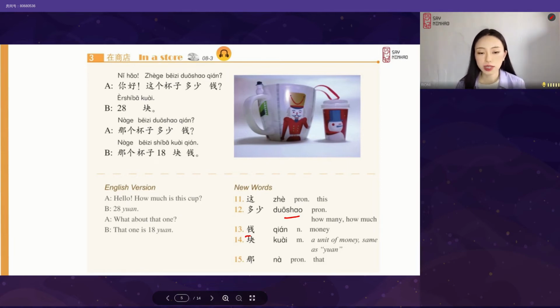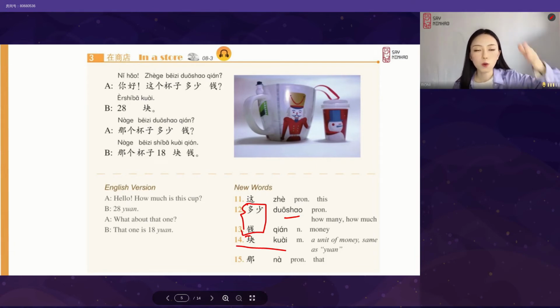So how much money? Try to say that. It is 多少钱. Okay, how much money, 多少钱.